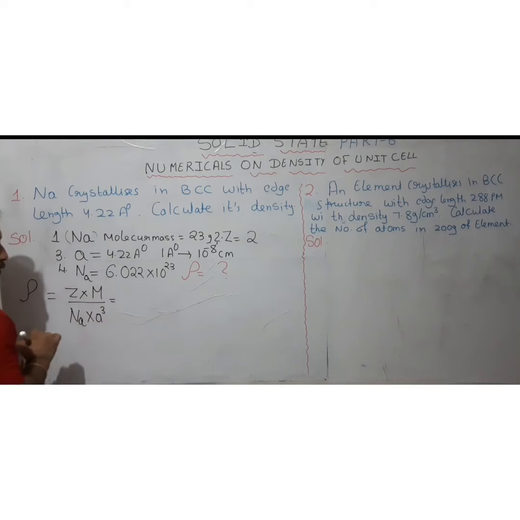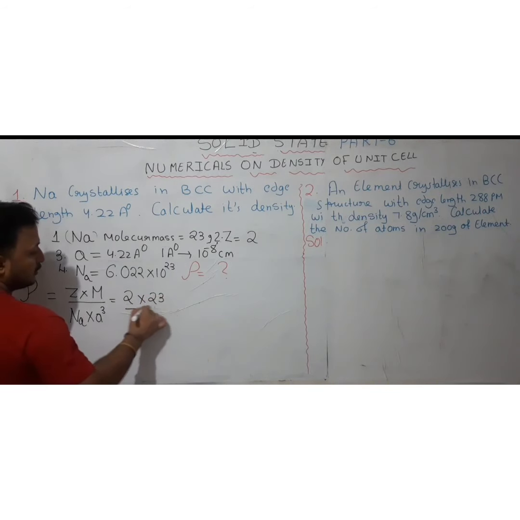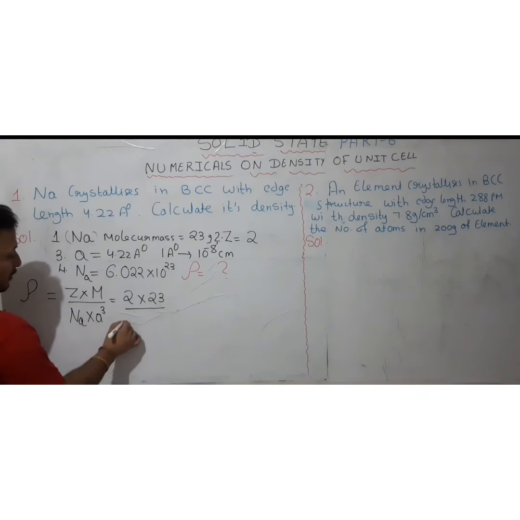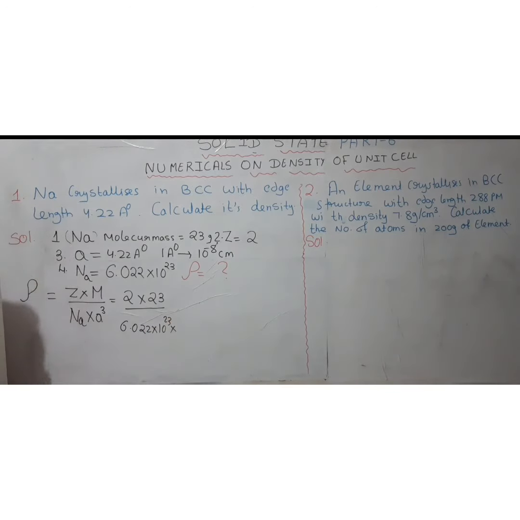So one by one we are going to put in the values. The value of Z is already mentioned as 2, molecular mass 23, the Avogadro number 6.022 into 10 raised to power 23, then the edge length.